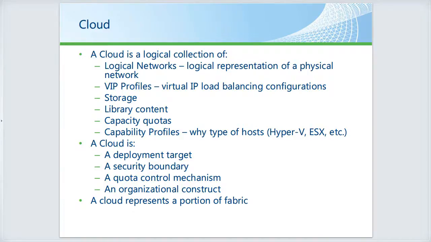A capability profile just basically says what type of hosts we expect to run on this cloud. You can use a cloud as a deployment target, so you can say, take this VM and deploy it to that cloud, and Virtual Machine Manager will identify the best host within that cloud to run that virtual machine. A cloud can be a security boundary. It is a quota control mechanism, and it's an organizational construct. So you can use clouds to organize your virtual estate.